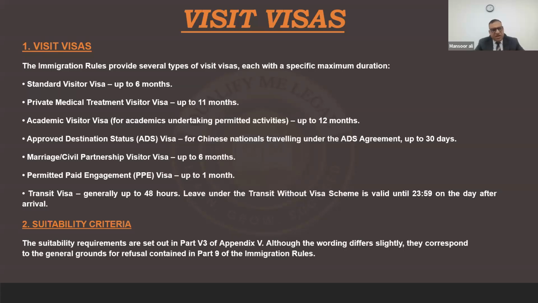So in order to apply for visit visas, as I told you, there are a number of different categories, but whenever you apply, you have to tell the Home Office yourself whether you are applying for private medical treatment, or for a marriage visa, or for a transit visa. You have to categorically explain to the Home Office yourself.